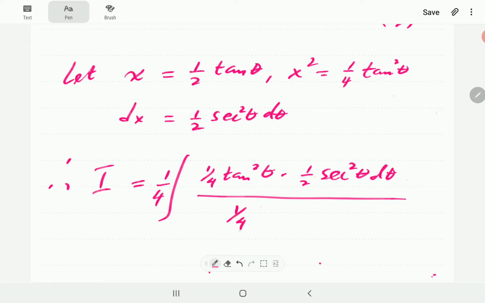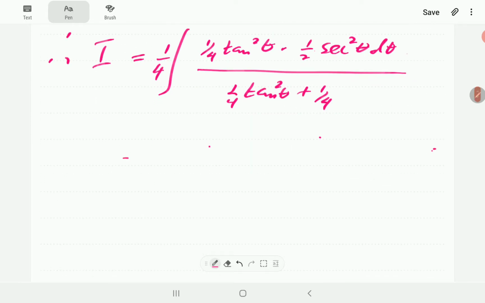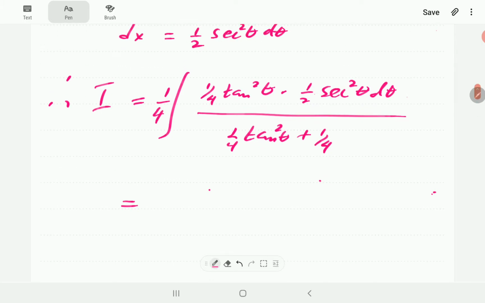In the denominator we've got x squared, which is 1 over 4 tangent squared theta plus 1 over 4. If we start with the coefficients, we have 1/2 times 1 over 4 times 1 over 4. So that's going to be 1 over 32.